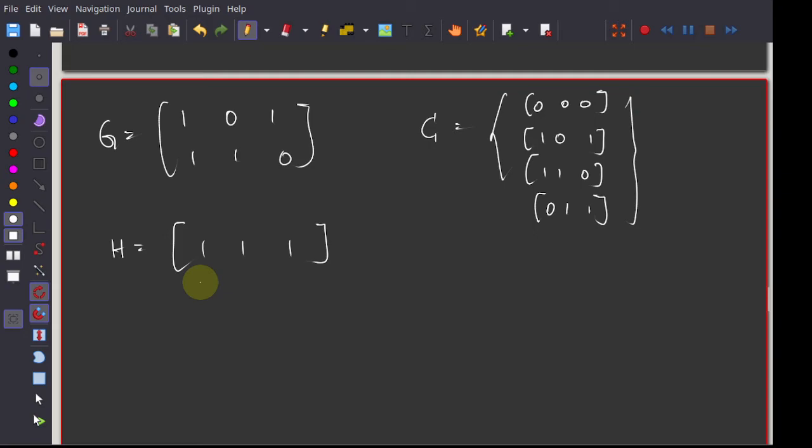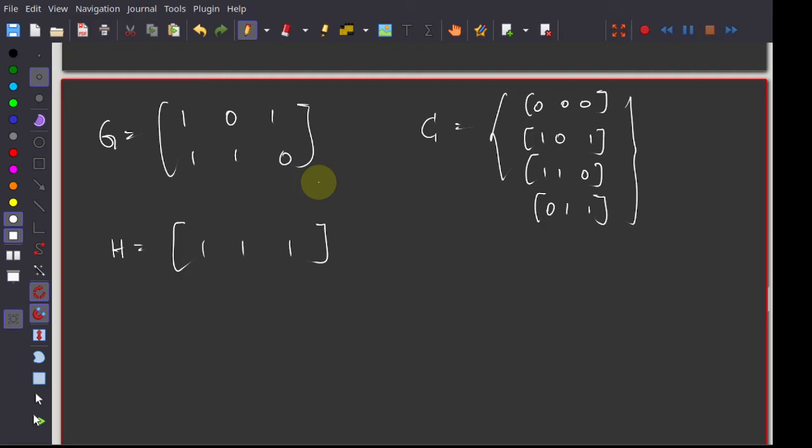Correct, but will the right null space of that matrix give you this particular code? So do you agree that this is a parity check matrix for this particular code? Remember, there are two things to check. One is that H times c transpose, for any code word c, is equal to the zero vector.